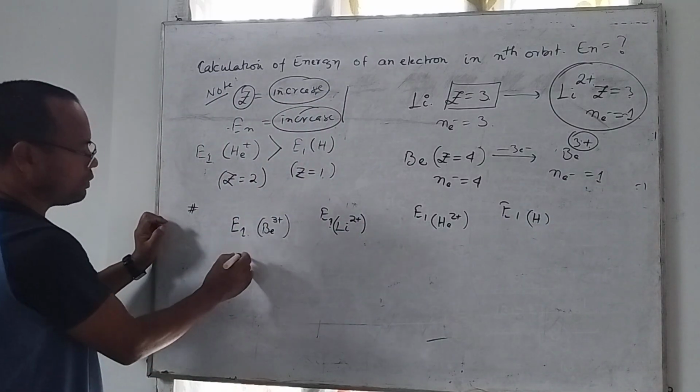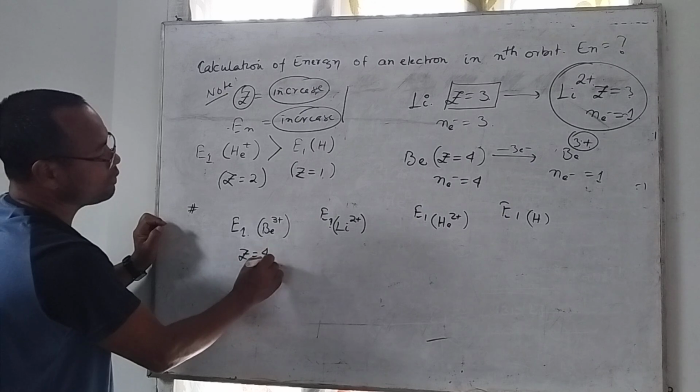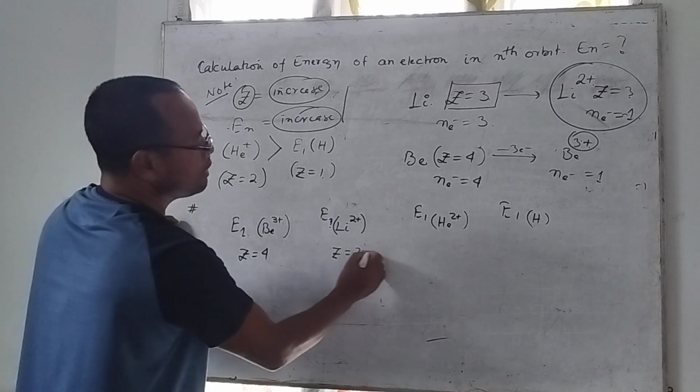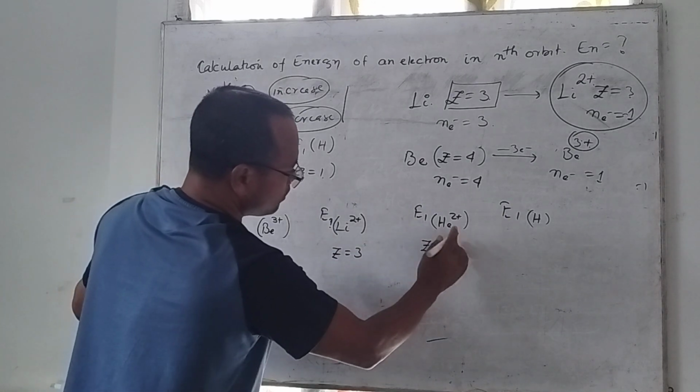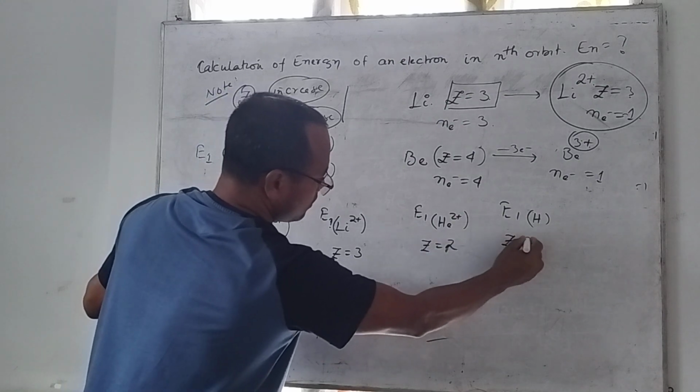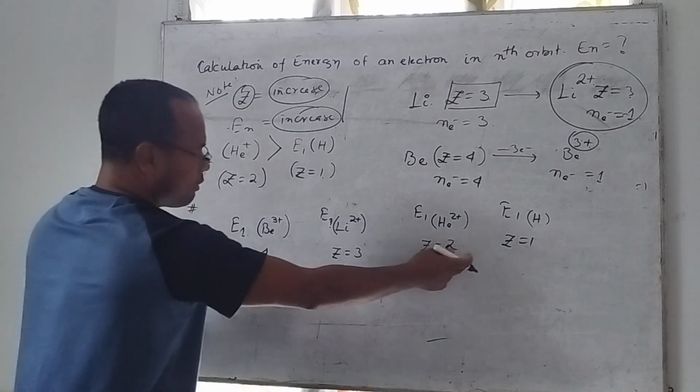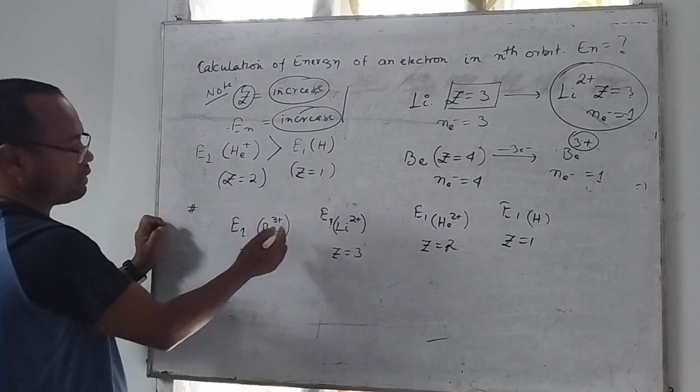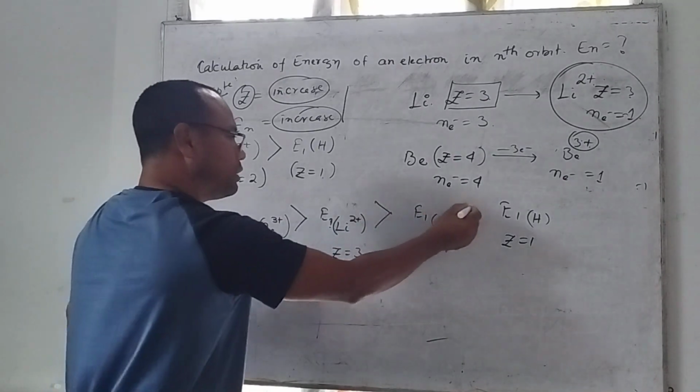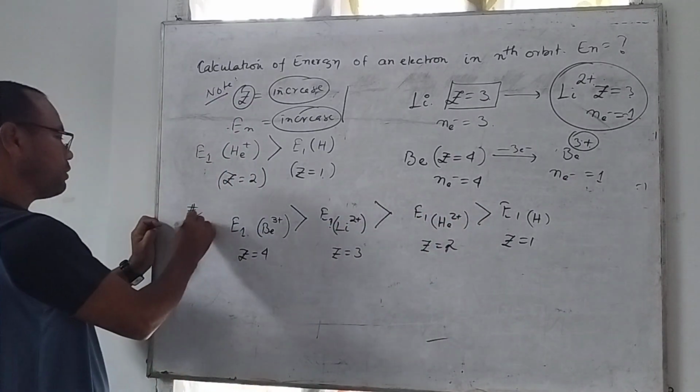The atomic number here is 4, here 3, here 2, and here 1. So if the atomic number increases, the energy also increases. This is the order we can find. Okay, don't forget to understand.